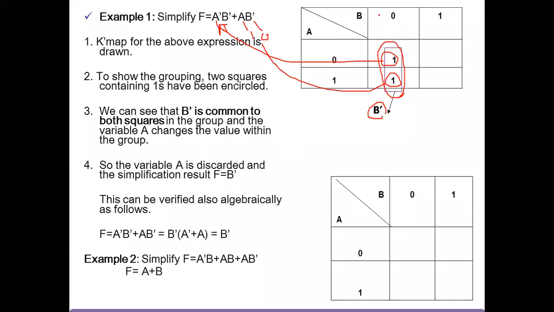We get the variable which does not change and write the corresponding minterm. B does not change, it has value 0. So value 0 is common for the values in this group. So it is the minterm of this group, or in other words, this expression can be simplified to this.